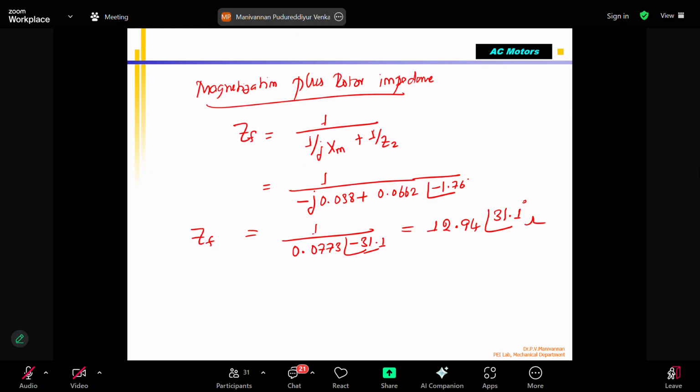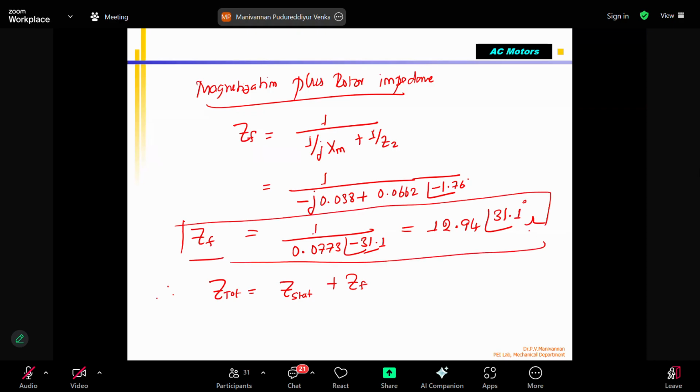Once we know ZF, we can find the total impedance to compute I1. Z total is nothing but Z stator winding, which is given, plus the ZF we computed here. Both are in series.